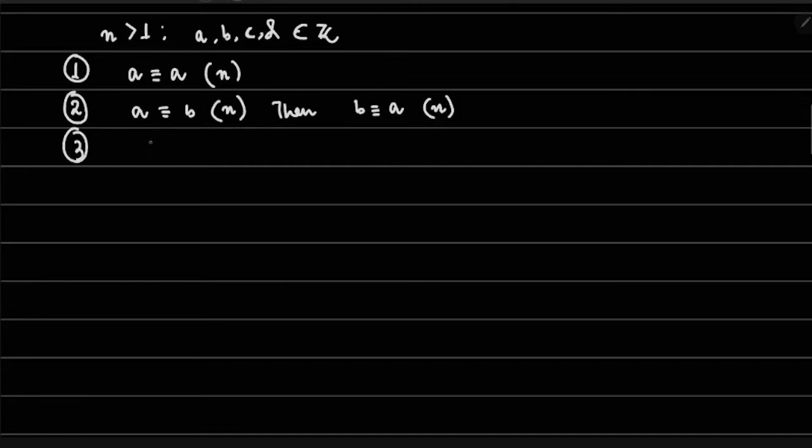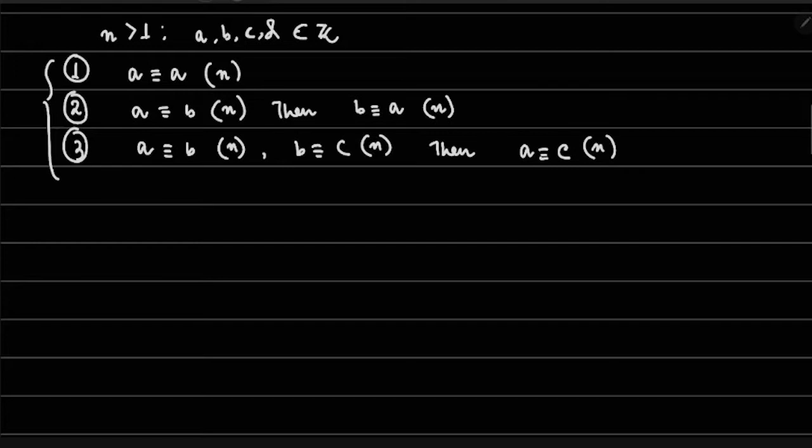And 3: if a is congruent to b mod n and b is congruent to c mod n, then a is congruent to c mod n.